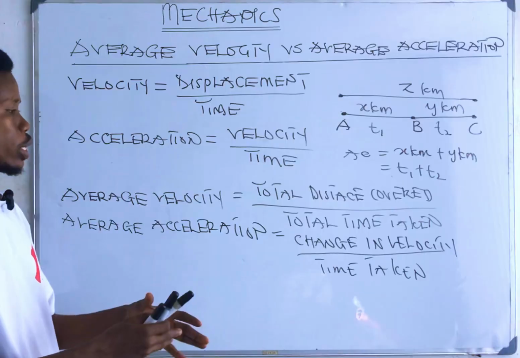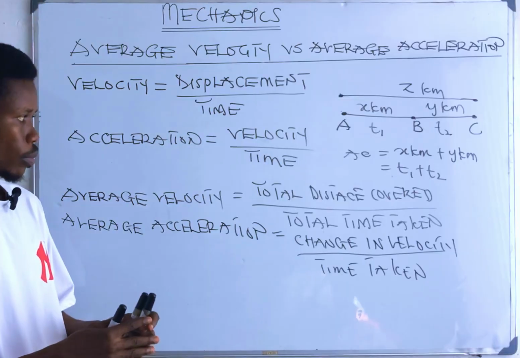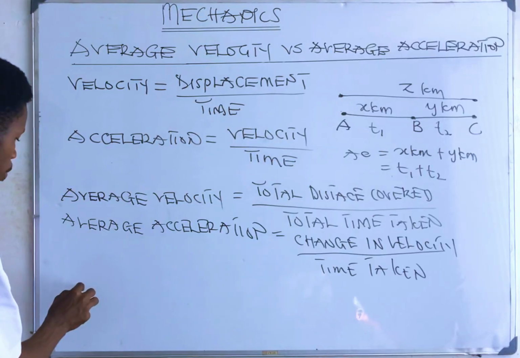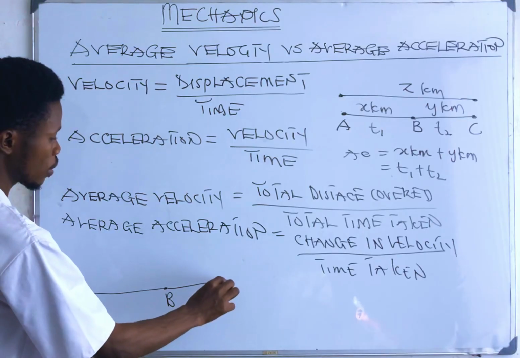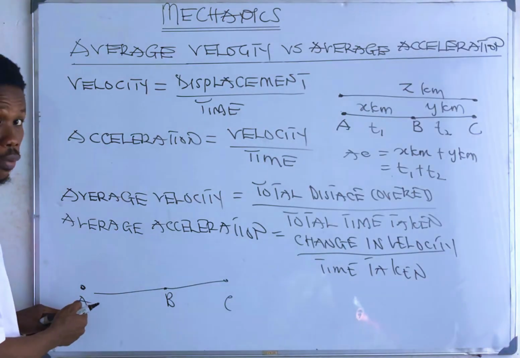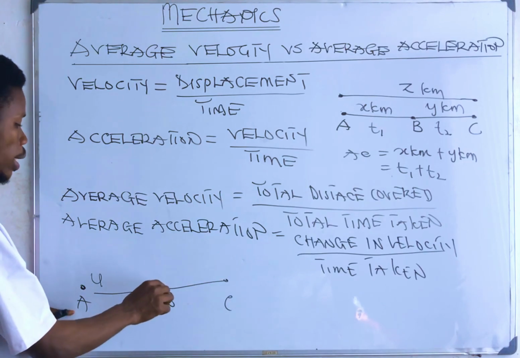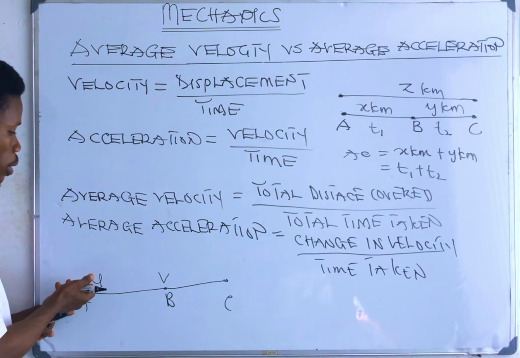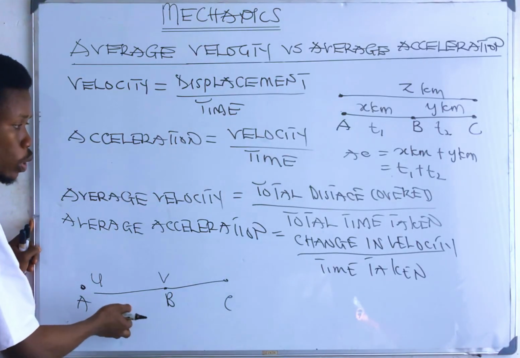So the difference here is that here we are looking at the change. So let's assume that the car is moving with an initial velocity. Let me stand here again, point A, point B, point C. As the car starts moving, that is what we call the initial velocity, U. Let's say at B, that becomes our final velocity, V. So you want to look at the change in this velocity with respect to time.